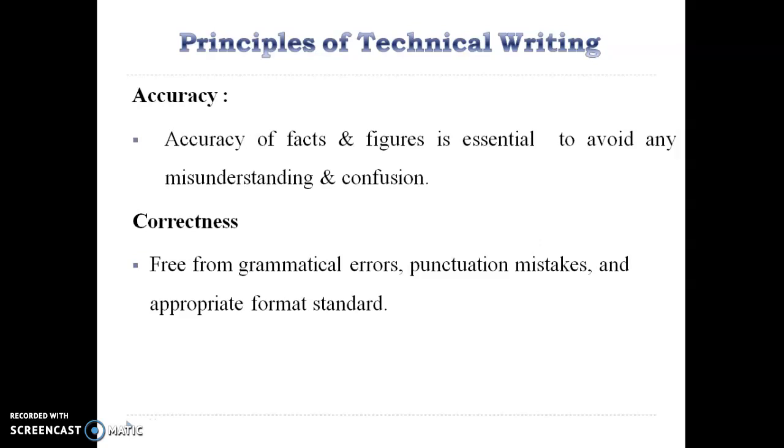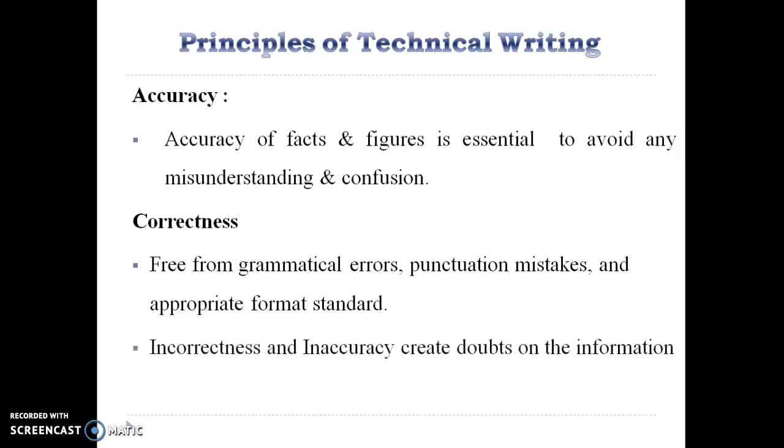When your document is inaccurate or incorrect, it can create doubt in the minds of your readers about the information that you're providing in a technical document. So ensure accuracy and correctness in technical writing. That is, accuracy of facts and figures and correctness in use of grammar, punctuation, spelling, and the format of writing.